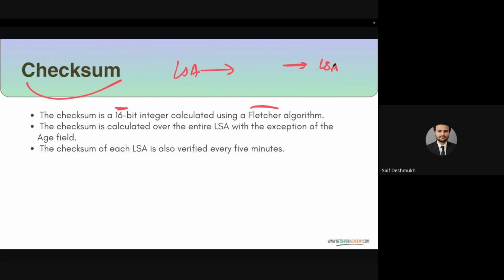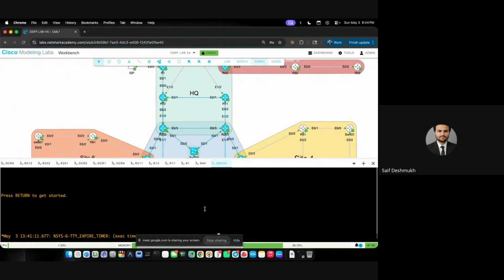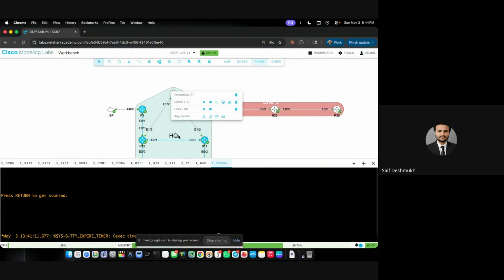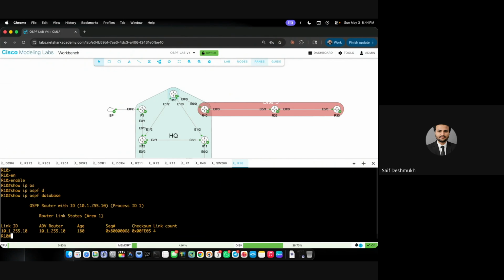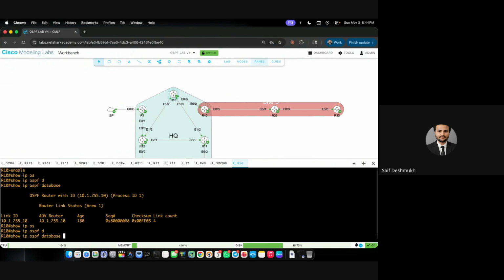header. When you say LSA header, it's like this. So hopefully I have some neighbors here. Do we have anything? Okay, I have something. So I'm looking at the database of router 10 itself.